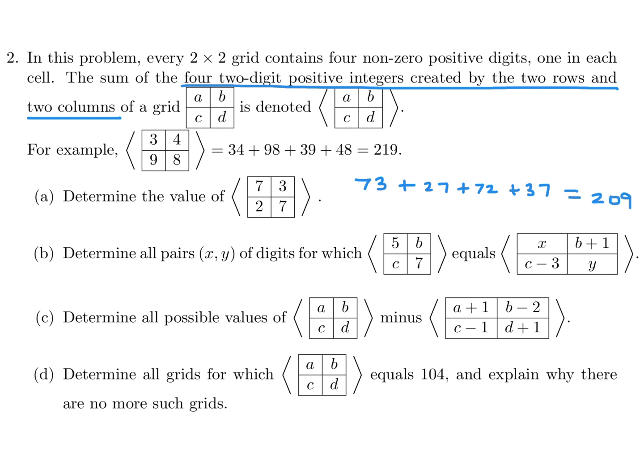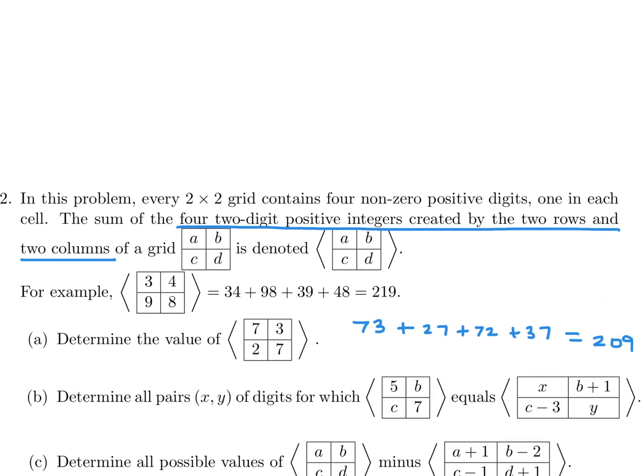B, determine all pairs (x, y) for which [5BC7] equals [x, b plus 1, c minus 3, y] minus y, just y. All right, so let's do the same principle. It would be 50 plus b plus 10c plus 7. And then it would be 50 plus c.